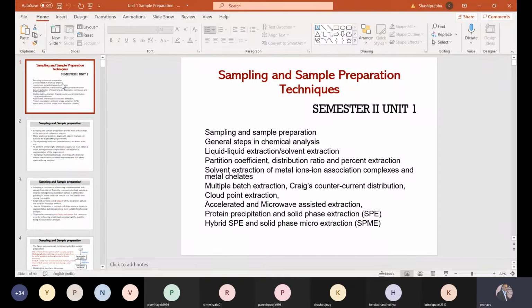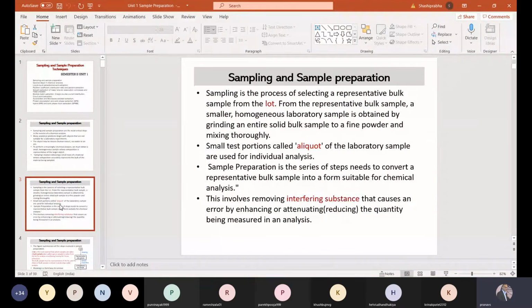And then once we have a true homogeneous representative of the bulk, we can go for applying a suitable sample preparation technique. And then we studied about some general steps in chemical analysis. There are about 7 8 steps which are common steps, which we use to analyze any sample in any form.